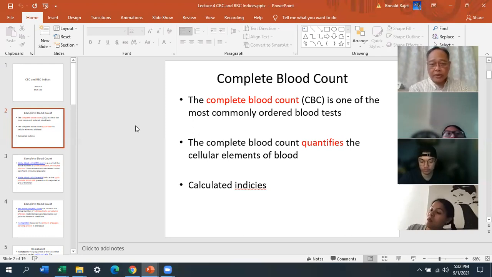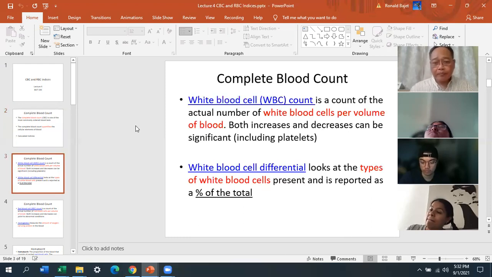So it counts those. And for the indices, from lecture 1, I told you which ones are the calculated parameters. I'm going to go over those later in this lecture.